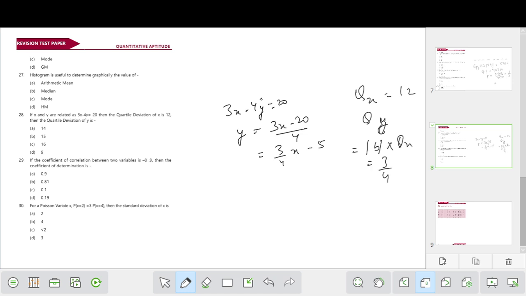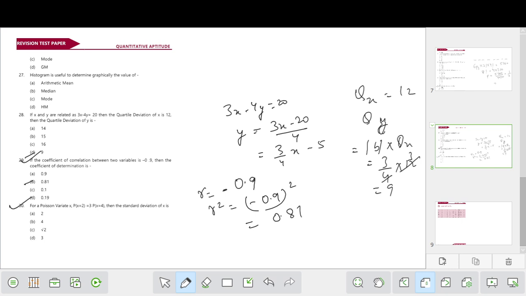So 3 by 4 into 12, this will come as 9. D is the answer. If coefficient of correlation between two variables is negative 0.9, what is coefficient of determination? So r is minus 0.9, r square is minus 0.9 whole square. So this is 0.81. B is the correct answer.